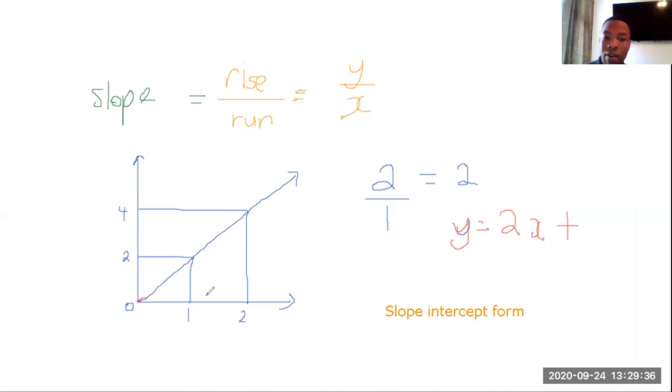It goes through the 0 point right here. But do I really have to put that 0? No. So it's y equals 2x. Looking at this, I could say this has a y-intercept of 0.